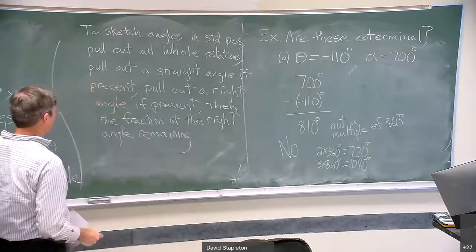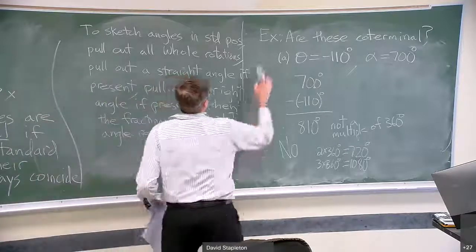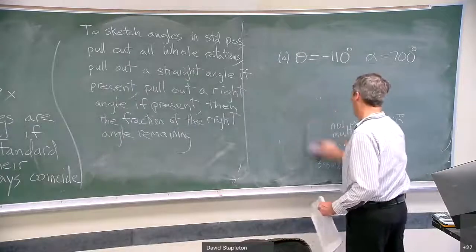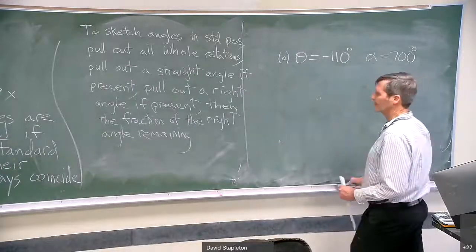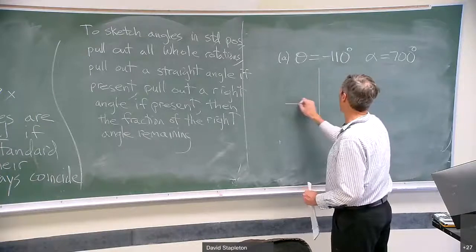So for instance, if I want to plot these two and see what they look like, for 700 degrees, this is what I do.